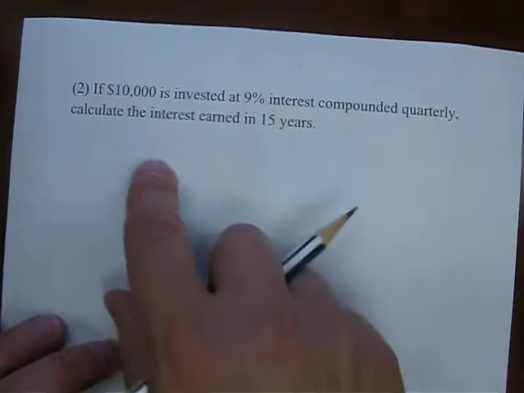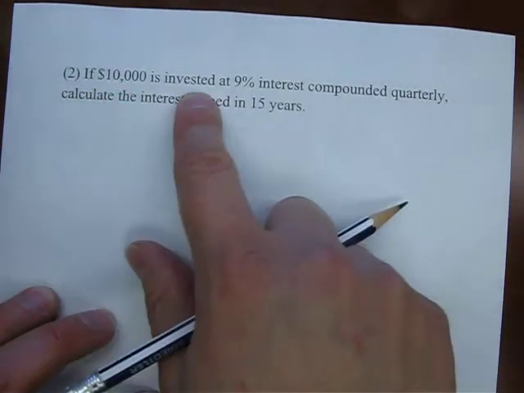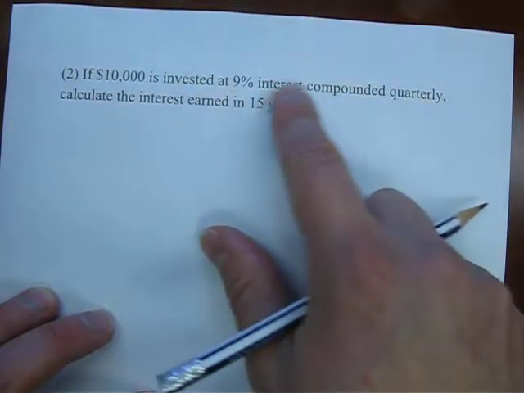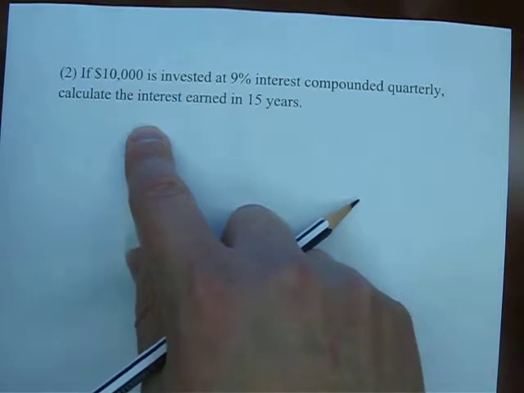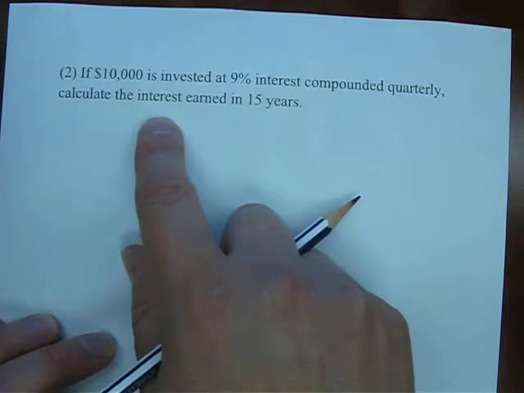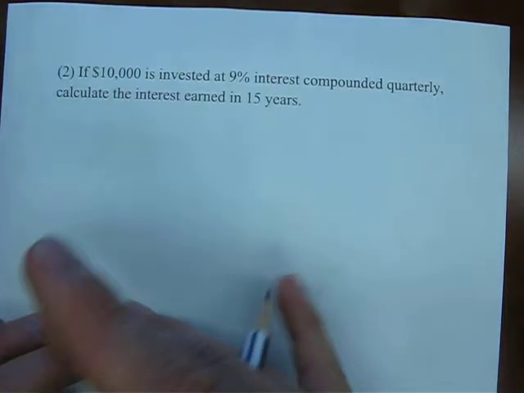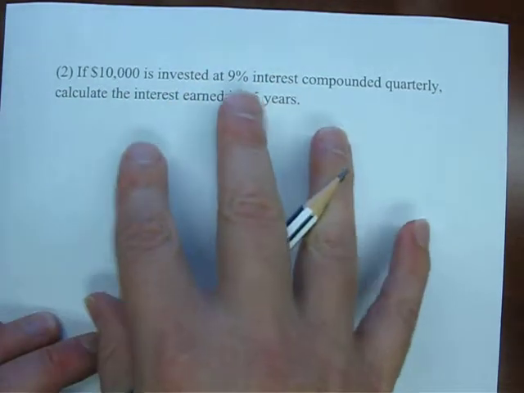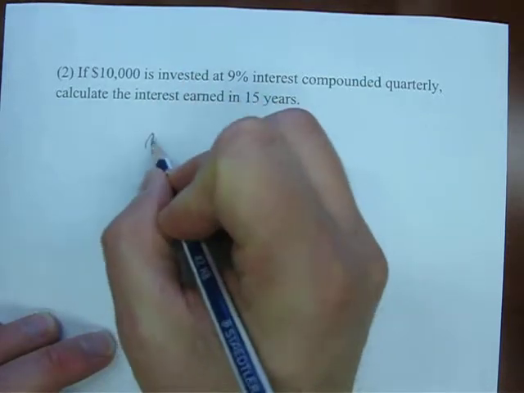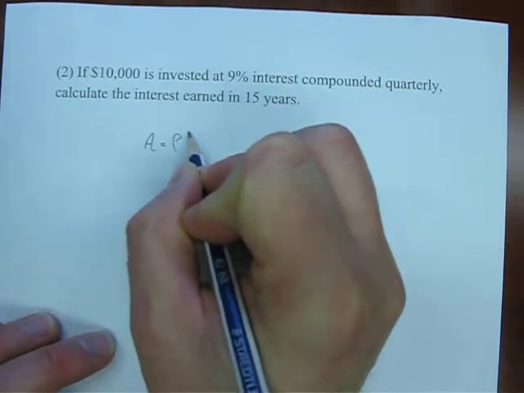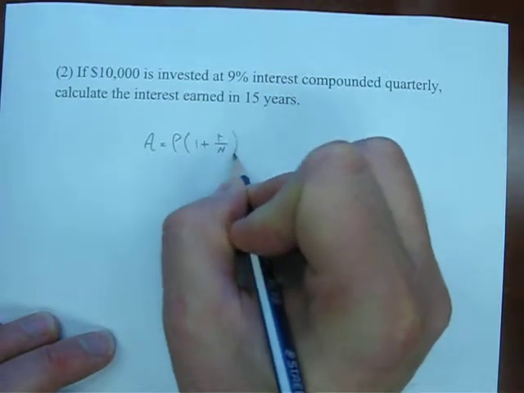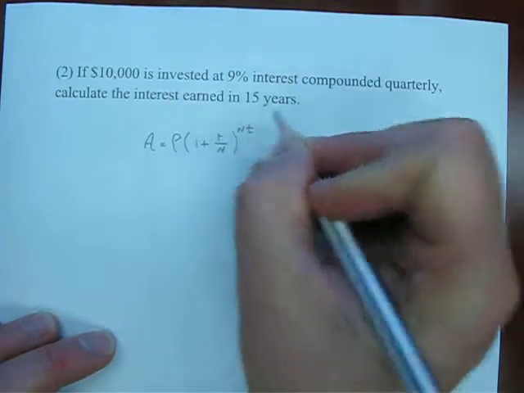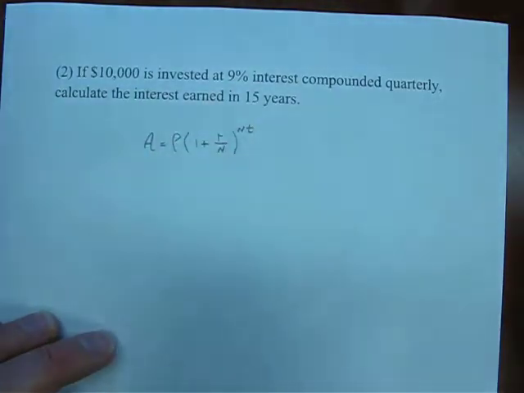Okay, this one. So $10,000 is invested, 9% interest, compounded quarterly. Calculate the interest that's earned in 15 years. Okay? So say that I went about it like this. Say I think it's like that last problem, where of course I would use this, because this is our formula for calculating compound interest.